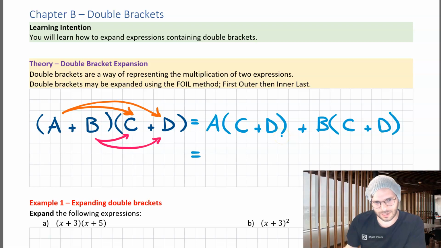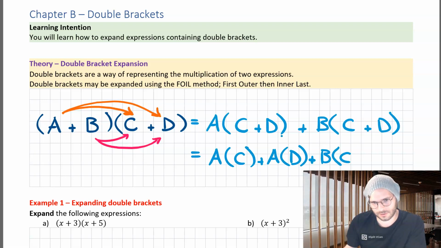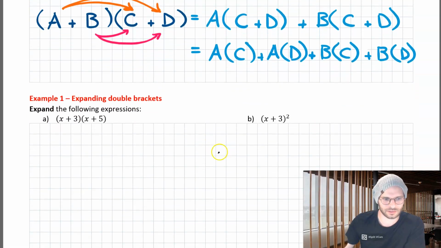And once we get it to that stage, we simply know it's going to be ac plus ad plus bc plus bd, where in practice we typically go from this form directly down into this form, and when you become more proficient you can go even further than that, but we won't go there now. Now let's have a look at how we can put this theory into practice.